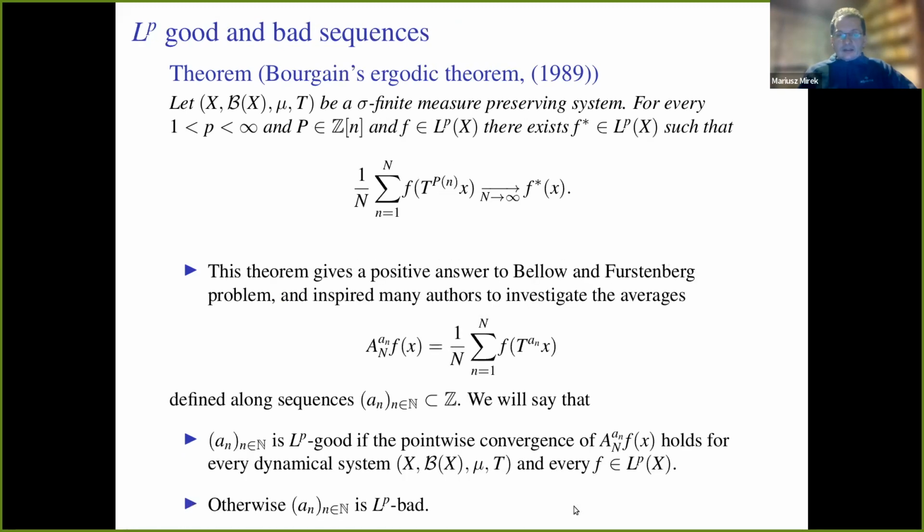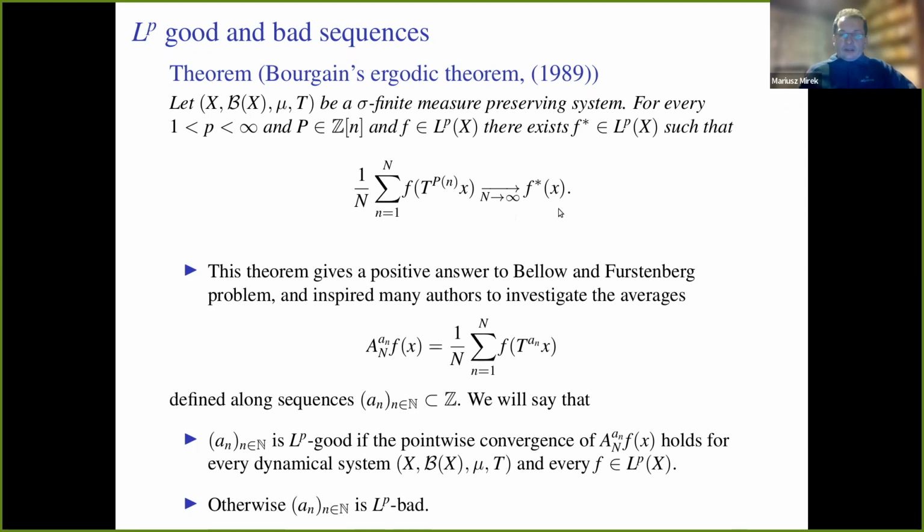This question was answered in the affirmative by Bourgain in the mid to late 80s. He was able to show that whenever f is a function in L^p and p is between 1 and infinity, then the following convergence holds almost everywhere.